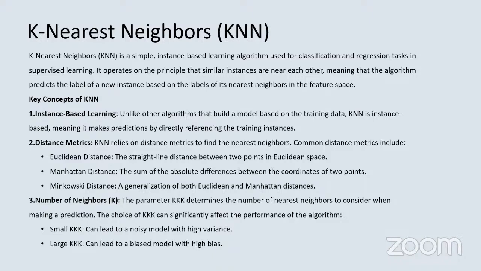Key concepts: instance-based, unlike other algorithms that build a model from the training data, KNN is instance based. It makes predictions by directly referencing the training instances. And a very important part is distance. Nearest neighbor, as you can understand from the term, is about what is the nearest value.